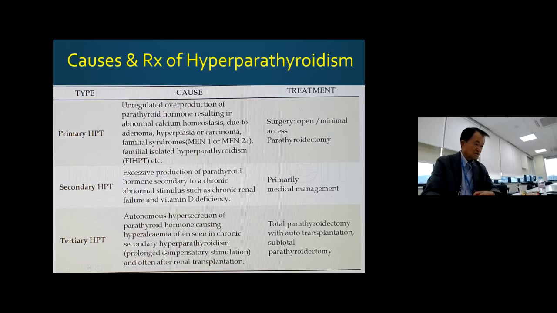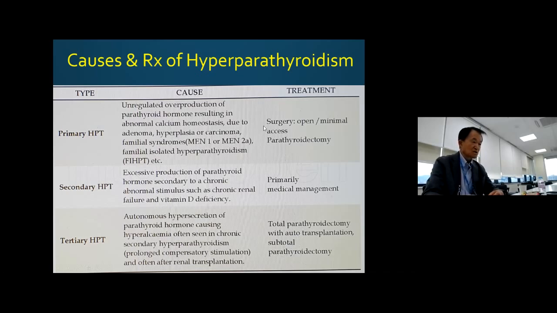The tertiary, or this end-stage renal disease, hyperplasia generally involves four parathyroid glands. So total removal and then transplant, or sometimes subtotal.